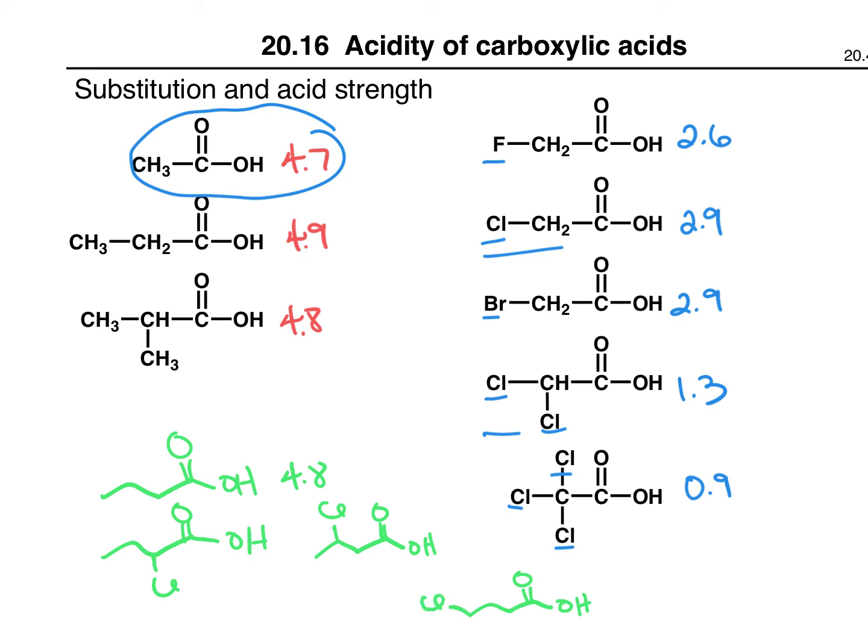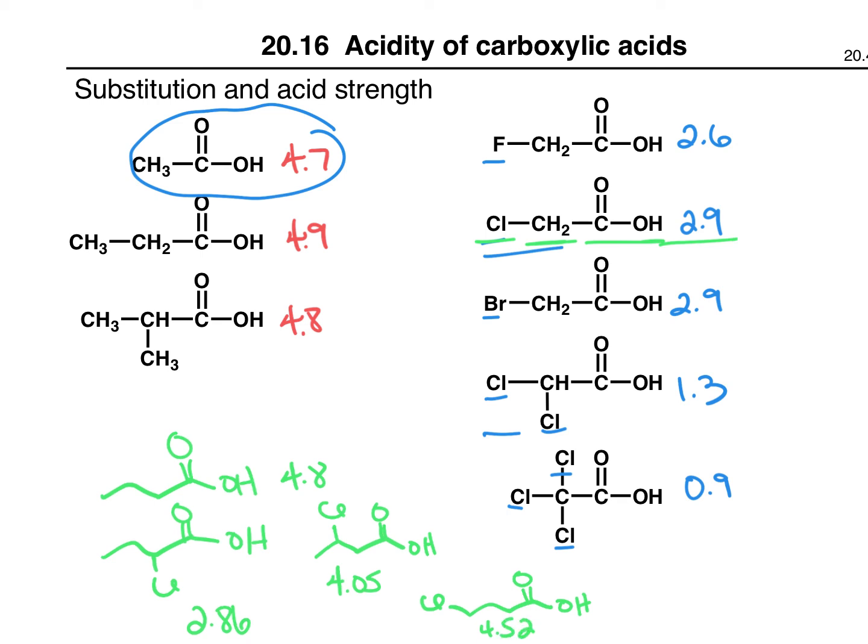So butanoic acid itself is 4.8. 2-chlorobutanoic acid has a pKa of 2.86. Right, so very similar to what we see here, having chlorine on the carbon adjacent to the carboxylic acid, it has a big impact. If the chlorine is further removed, this one has a pKa of 4.05, and this one has a pKa of 4.52.